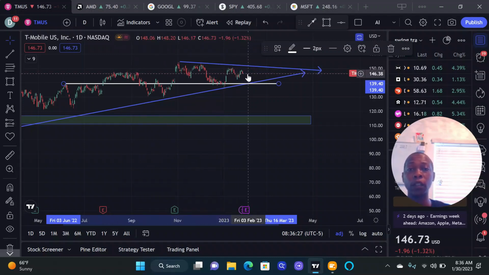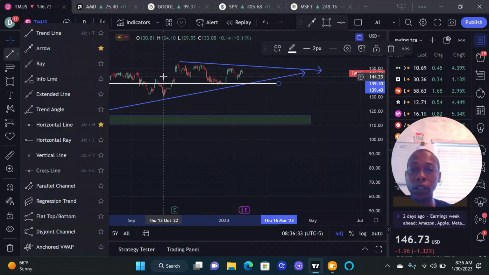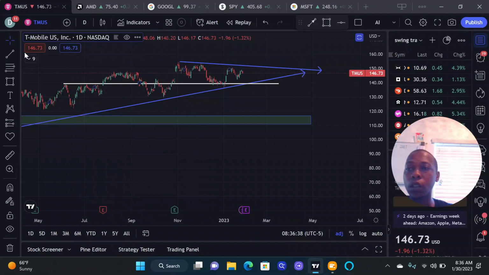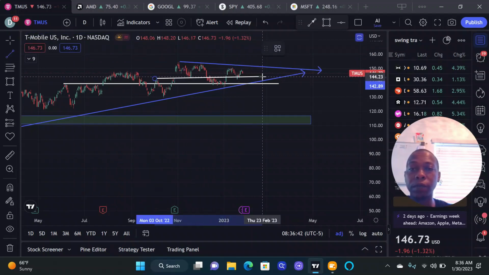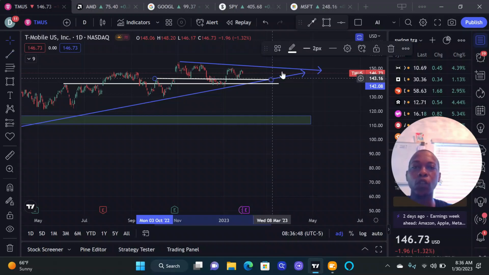So I'm thinking if it breaks below this line right here, I'm gonna draw another line right there.